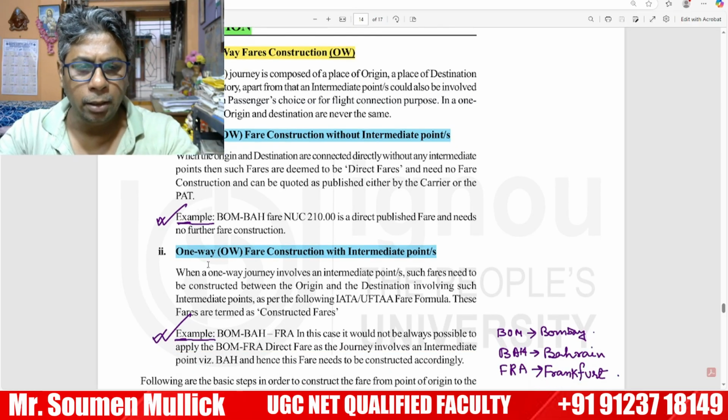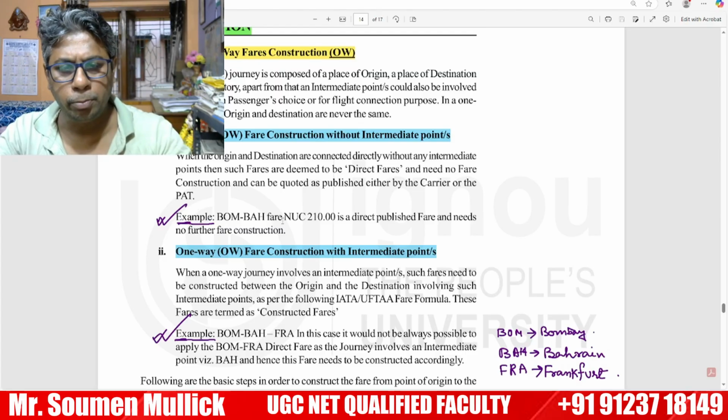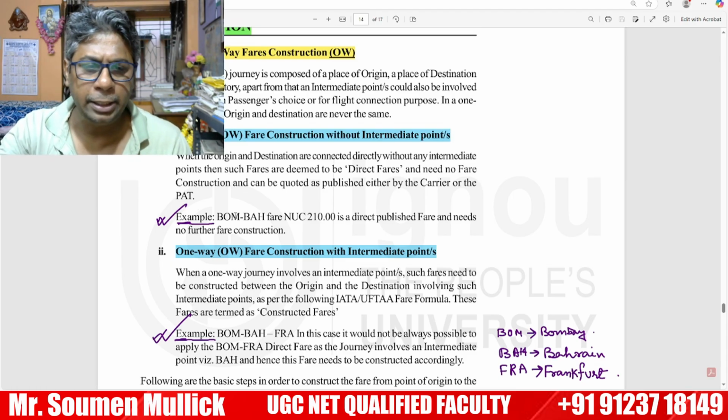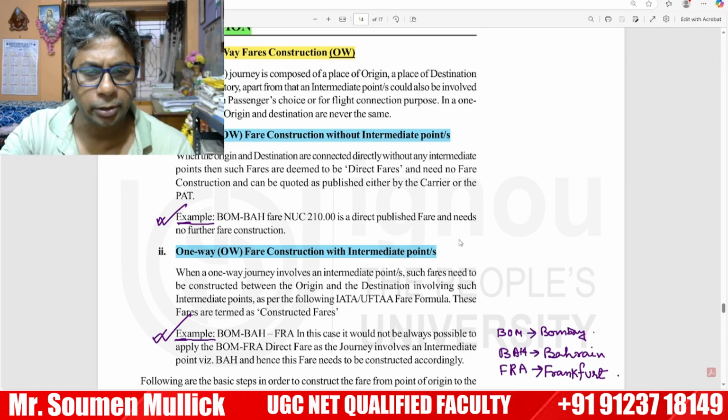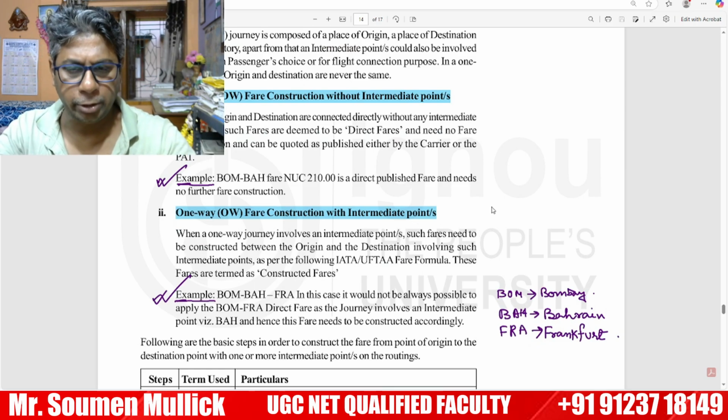As an example, Bombay to Bahrain, BOM to BAH, fare NUC 210 is a direct published fare and needs no further fare construction.